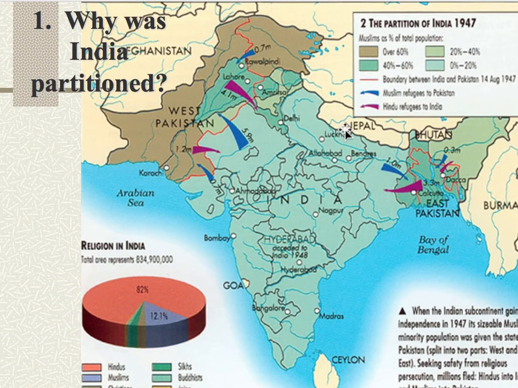So first off, Winston Churchill, who was the Prime Minister of Britain for the duration of World War II, was not too pleased with the idea of giving India its independence.